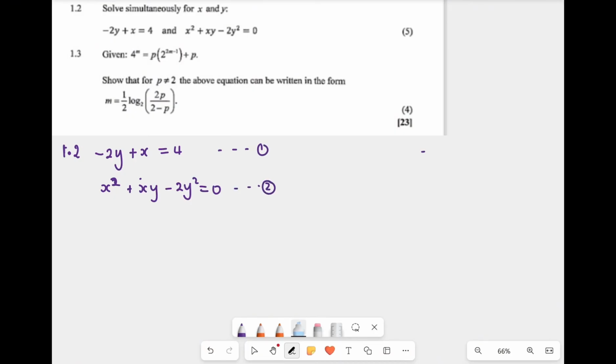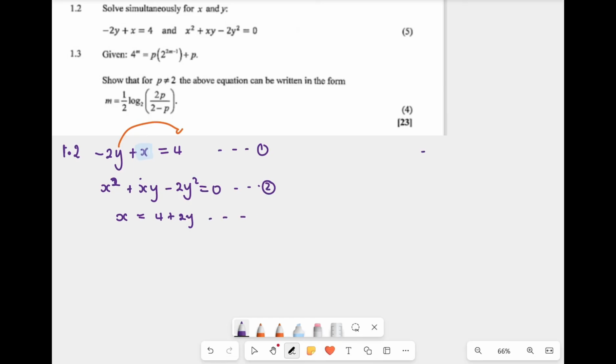Now we will notice that it is very easy to make x subject of the formula from equation 1 because the coefficient of x is positive 1. Now, we are going to transpose negative 2y to create equation number 3. So our equation number 3 will be x is equal to 4 plus 2y.